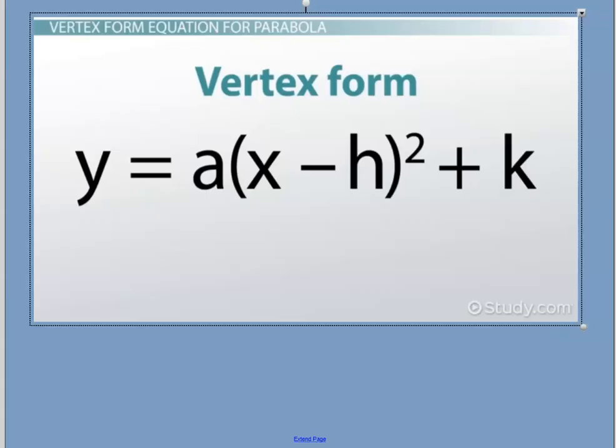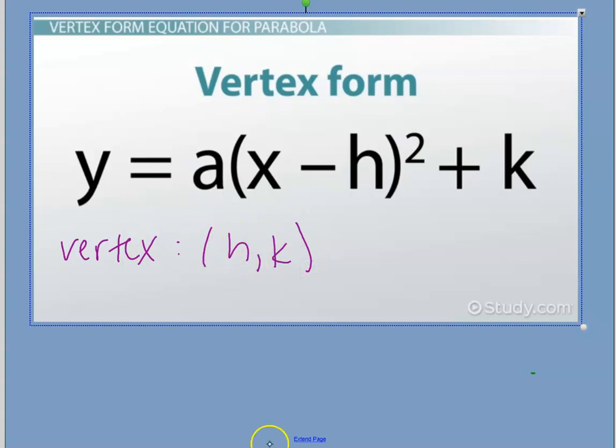So jumping right in, vertex form here, we have y equals a times the quantity x minus h squared plus k. So, as you should have discovered, your vertex is h, k.